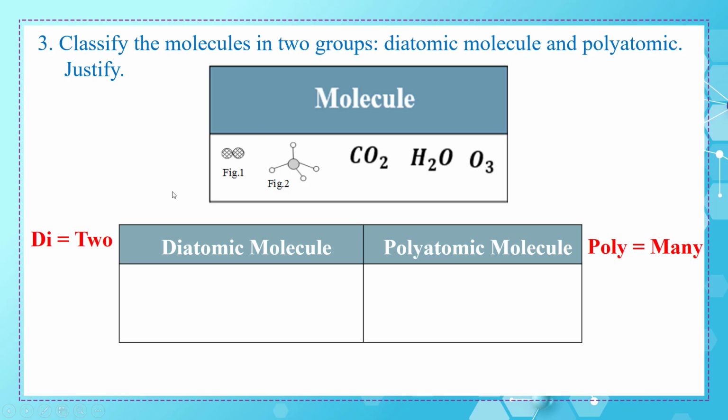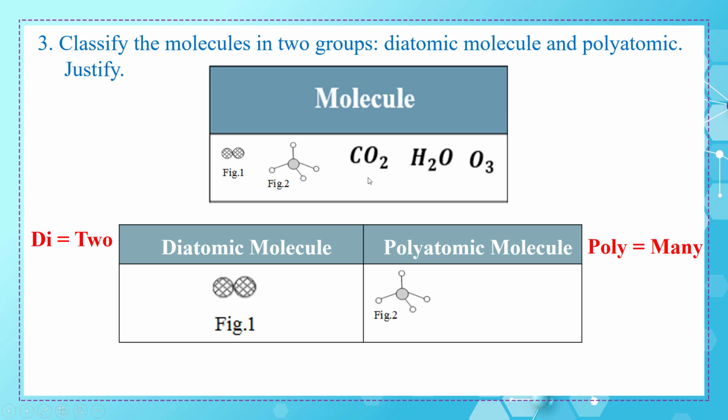Figure 1 is a molecule made up of how many atoms? 2. So it is a diatomic molecule. What about figure 2, which is made up of 5 atoms? More than 2, so it is considered polyatomic.